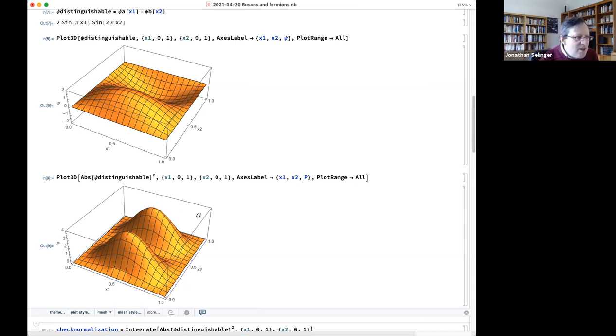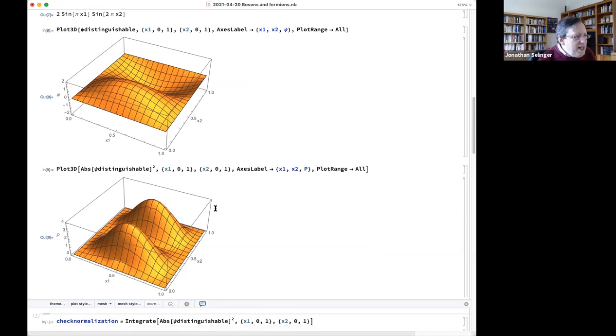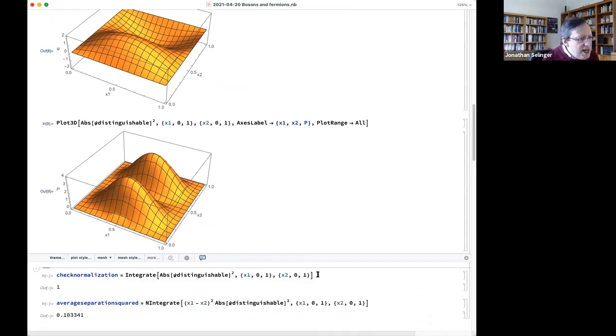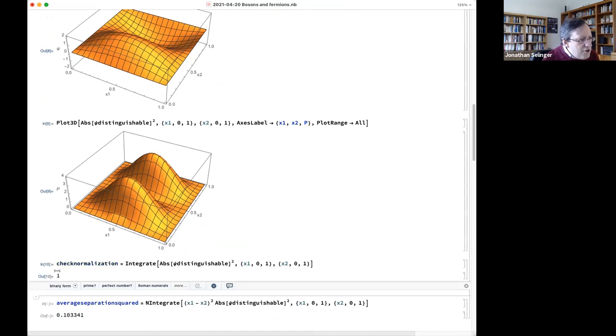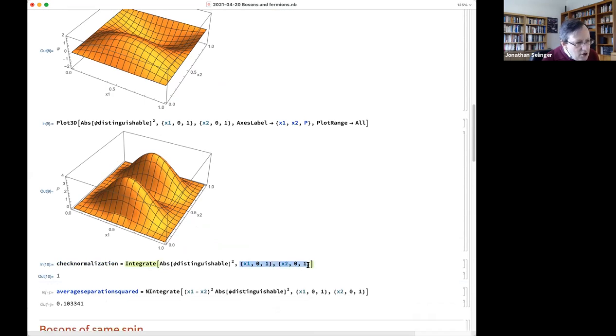Maybe? And we can check that this state is normalized. And so, yes, it is. That is, if we take the probability and we integrate it over all x1 and all x2, you get 1. It's our usual normalization. And what if we want to know how far apart the particles are?